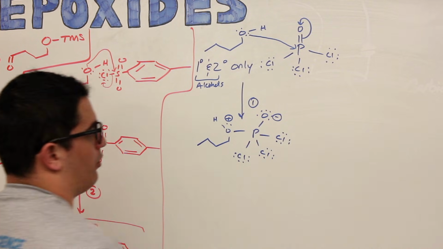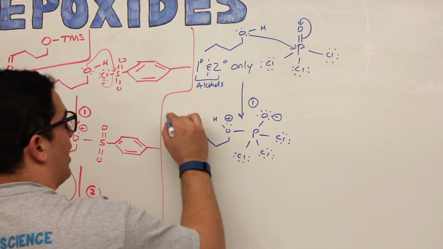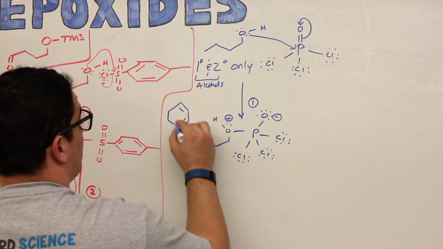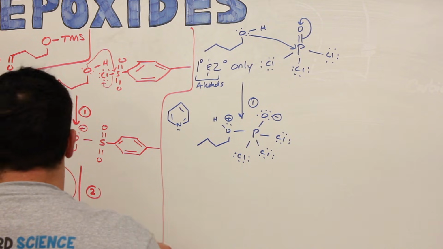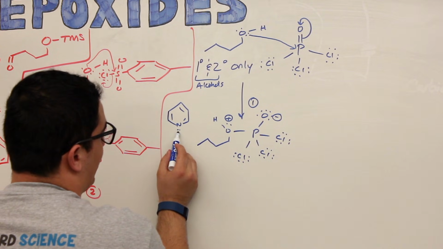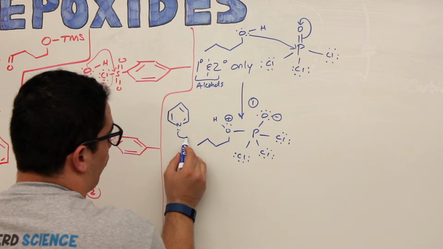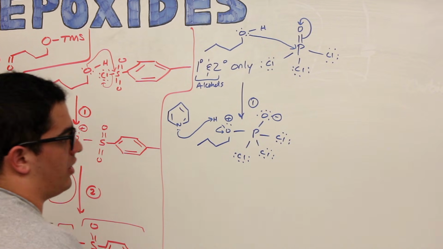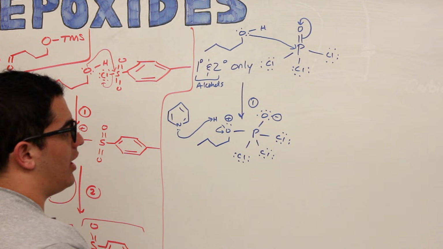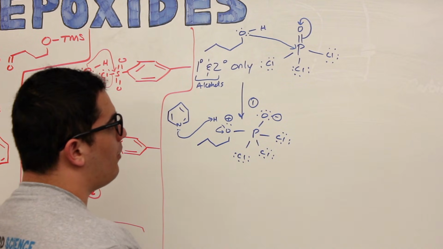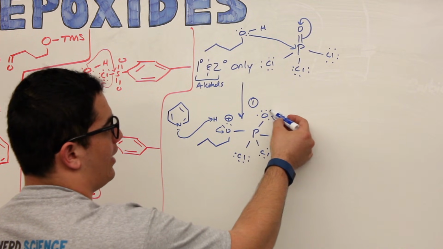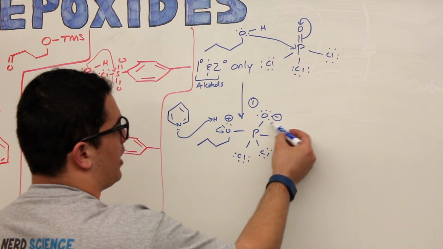All right, so what happens? Remember what I said before. Who comes in and rips off that hydrogen? The pyridine. So we can run this reaction in pyridine once again. And another thing that can happen here is we can come over here and rip off that hydrogen, and we can plop those electrons onto the oxygen. Remember the reaction before where the oxygen had these electrons up at high energy levels and doesn't like it? He's like, I'm going to come back down.